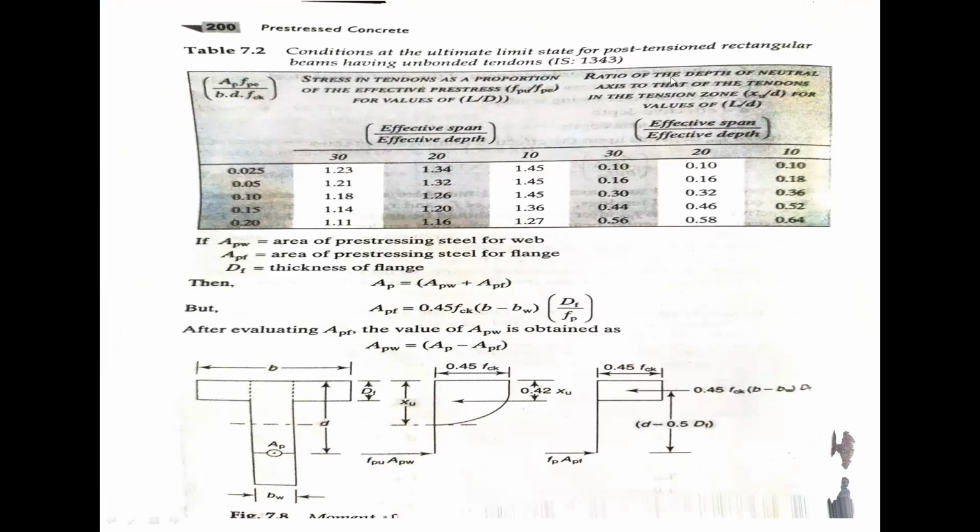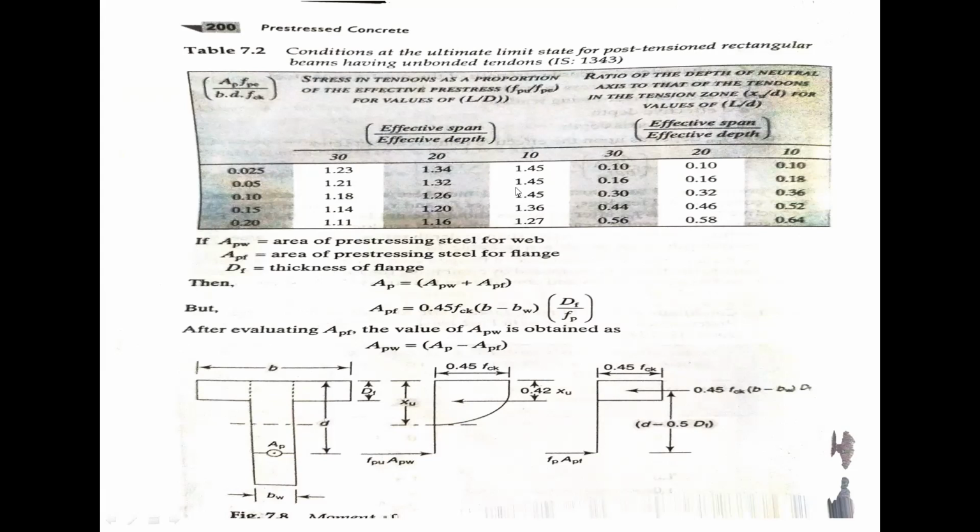Take the values from table 7.2 in Indian Standard 1343 for post-tensioned rectangular beams with unbonded tendons, and unbonded T beams also. Take the values of effective span by effective depth ratio, neutral axis depth of the tendons in the tension zone XU by D for values of L by D, and FPU by FPE, the stress in tendons as a proportion of the effective pre-stress.